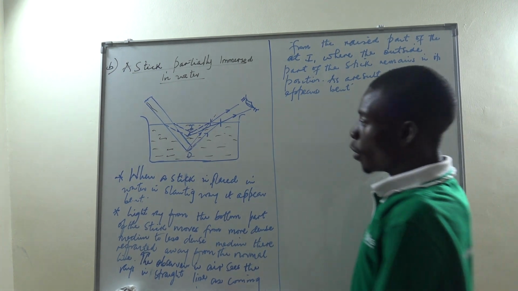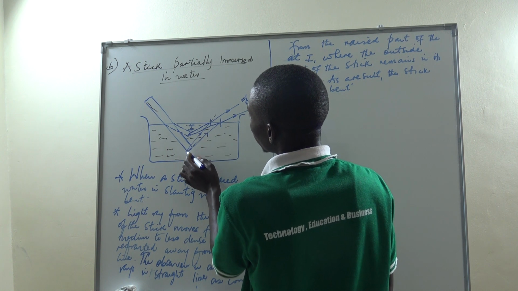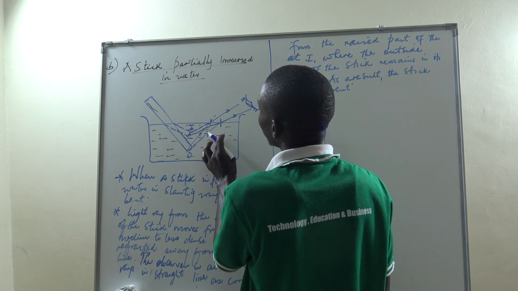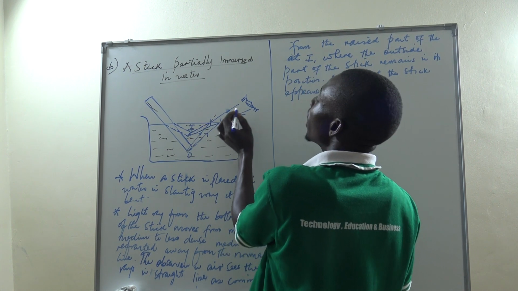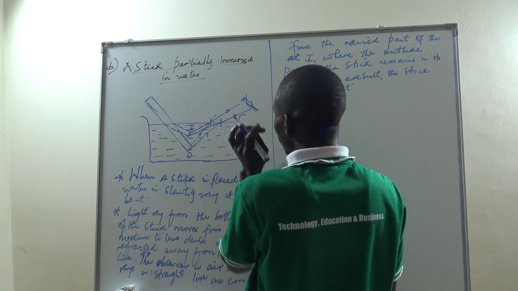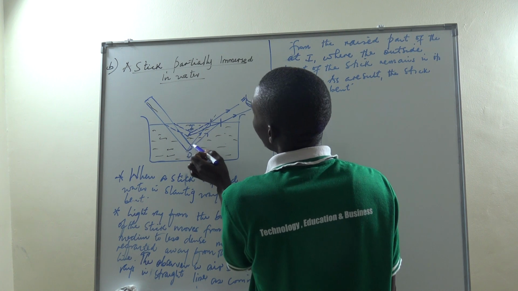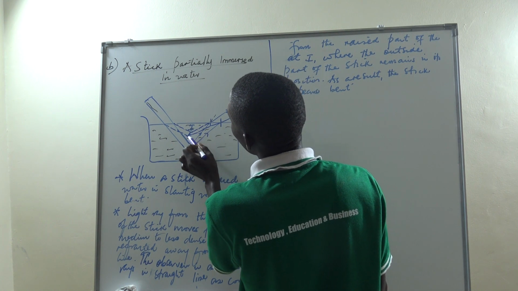Okay? So we have said if you place it, light rays will travel from here, coming to your eye. But as it is coming in your eye, it is going to move from liquid to air. And therefore when it comes like this, it will bend away. Isn't it? From the normal. So if it is bending away in your eyes, you will not see the fact that this light has bent. Isn't it? Instead you will see as if it is moving in a straight line.